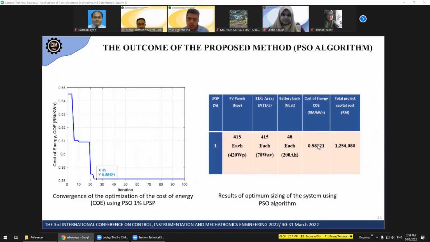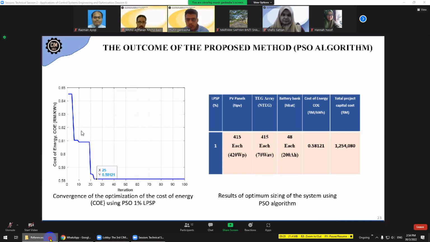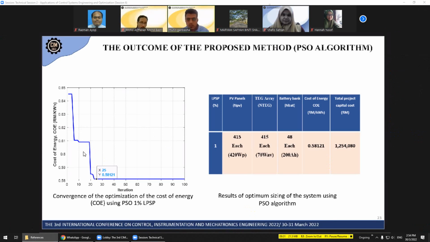In contrast, this slide shows the simulation result of the proposed method, which is particle swarm optimization. By using particle swarm optimization, one configuration with 1% loss of power supply was obtained, which is the optimal sizing of the system, as shown in this figure. Particle swarm optimization starts searching for the best design from a random configuration.